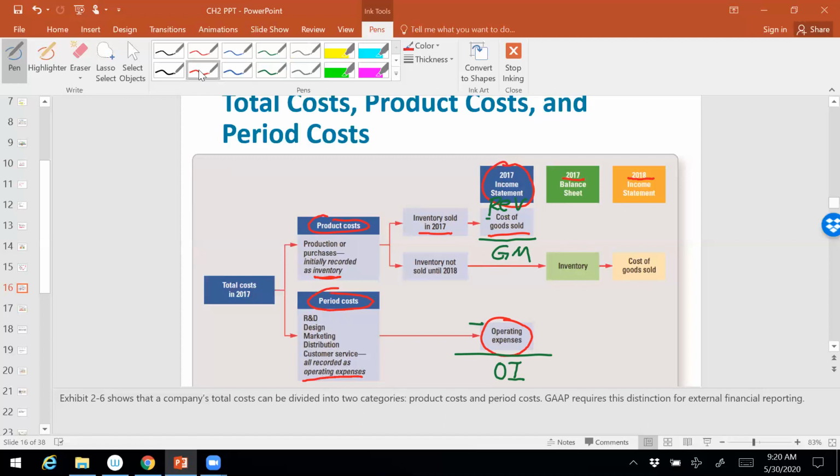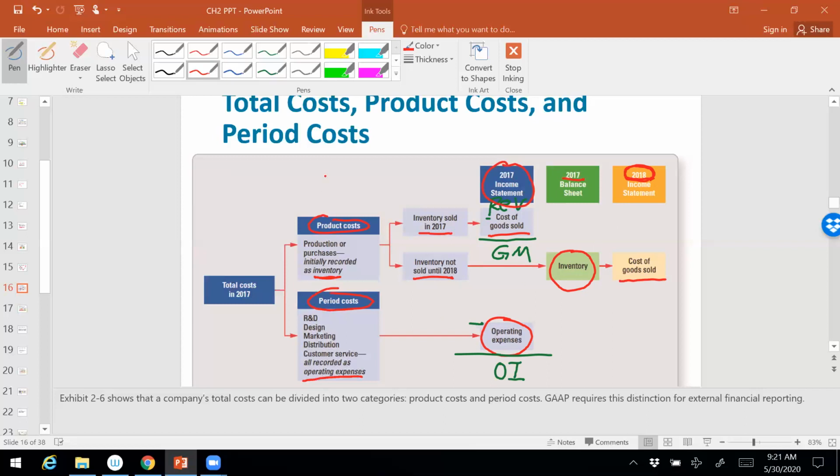But remember, some of the product or inventory, they were not sold in 2017. You cannot put them to cost of goods sold. You have to wait. You carry that inventory all the way to the ending balance of 2017. And then when you sell them in 2018, they become cost of goods sold in 2018 operating income.